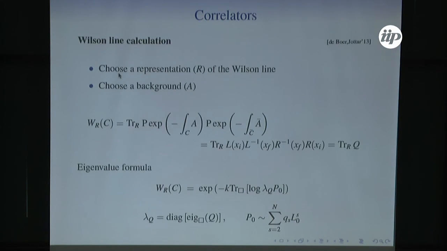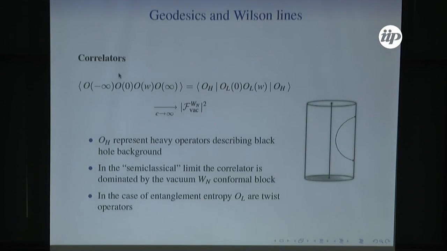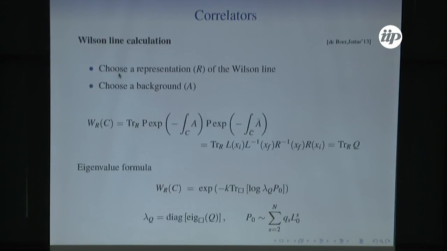So if you want to compute the correlation function, what you need to do, in terms of this picture, you need to specify the background. So you have to choose a flat connection that would describe the situation of the black hole. And then you have to fix a representation that will tell you which kind of Wilson loop you want to compute. Then you can reduce this problem of computing these path exponentials into a problem of calculating the trace of some matrix.